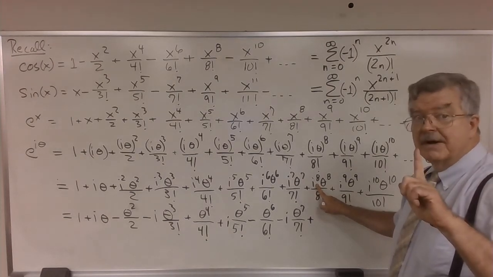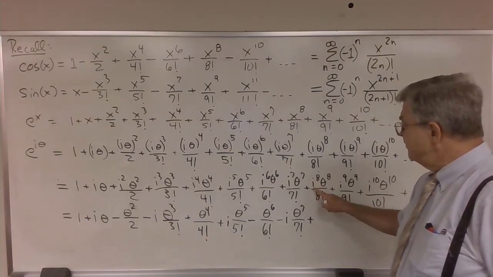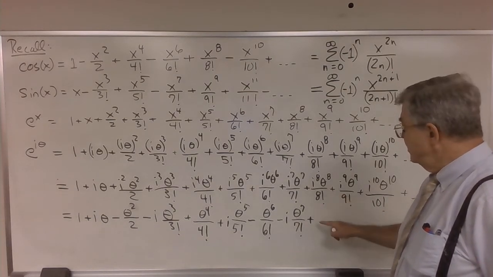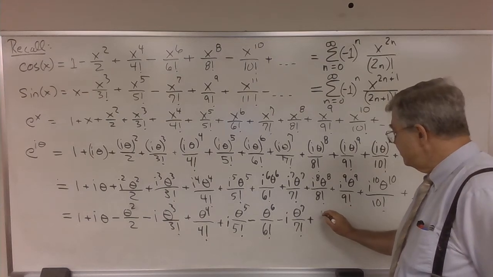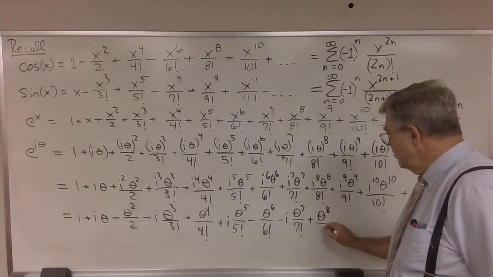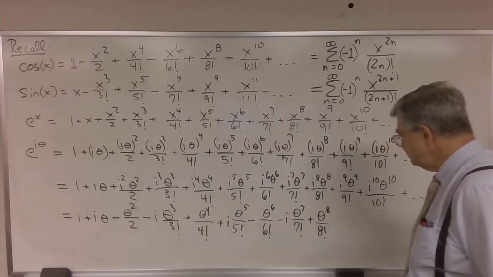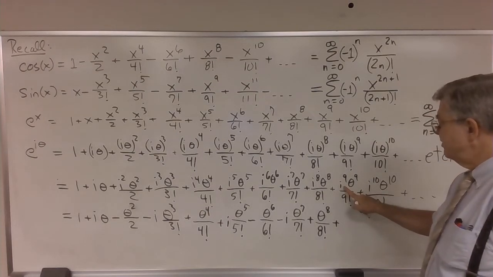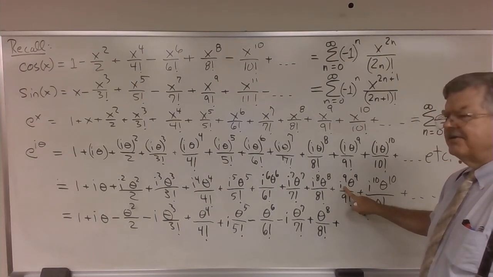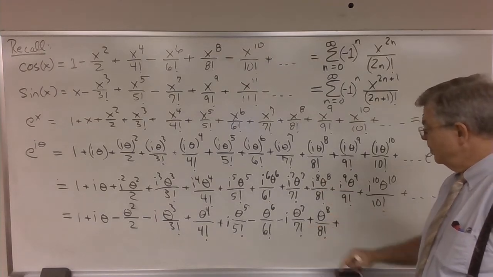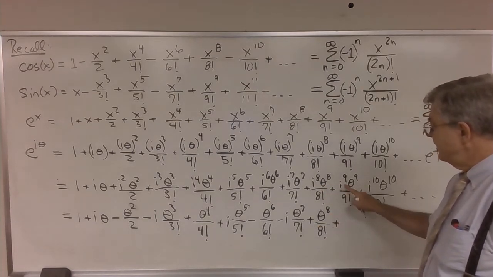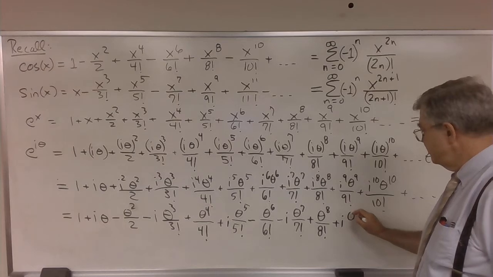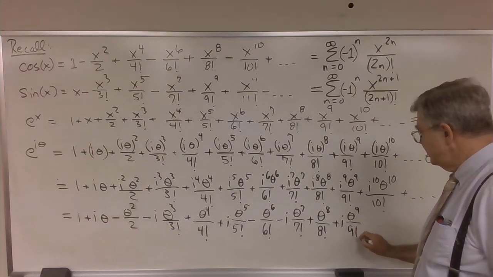And i to the 4th is 1. So this is 1 times 1, which is 1. So we have 1 times theta to the 8th over 8 factorial. And we have i to the 9th, which is i to the 8th times i, and i to the 8th was 1. So i to the 9th is 1 times i, or just i, theta to the 9th over 9 factorial.